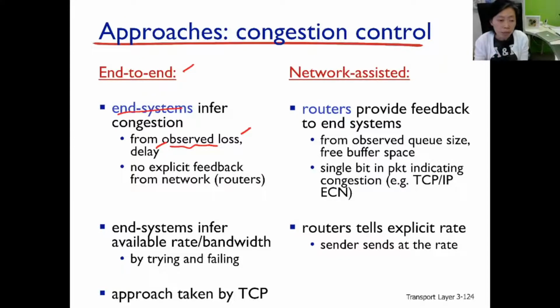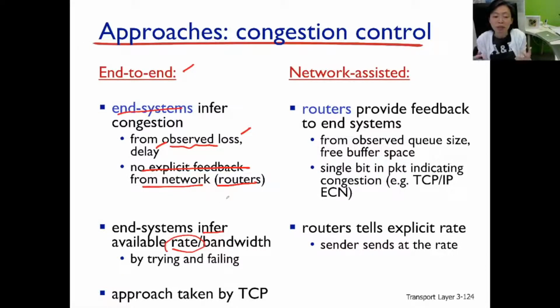Now, taking this approach, we do not get explicit feedback from the internet, from the routers inside the internet. And taking the end-to-end approach, we'll also have to guess or infer the right sending rate.